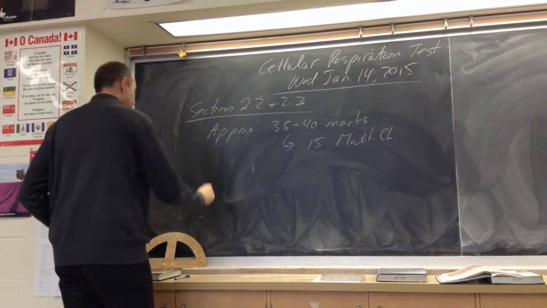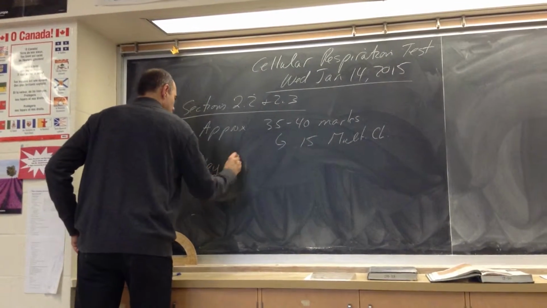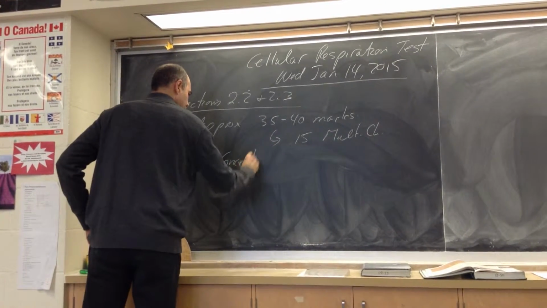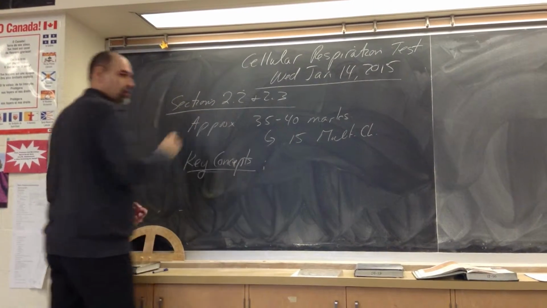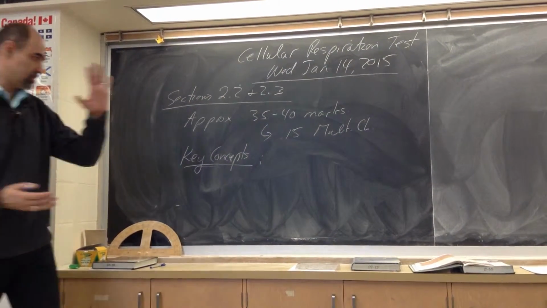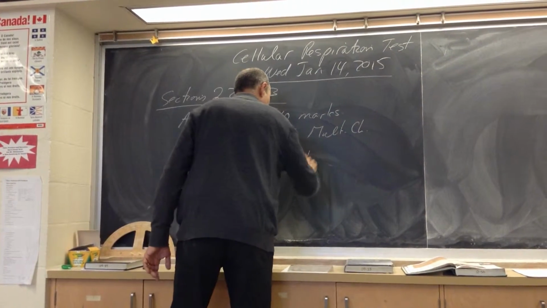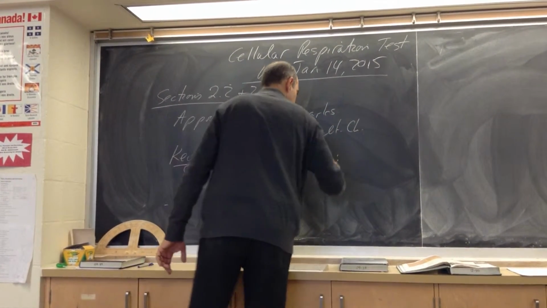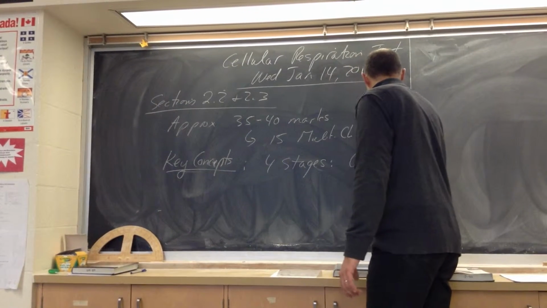Okay. Here are the key concepts that you need to know. First off, how many stages of cellular respiration? 4 stages. So 4 stages, and that begins with glycolysis.